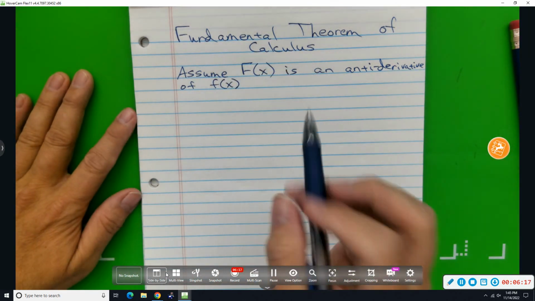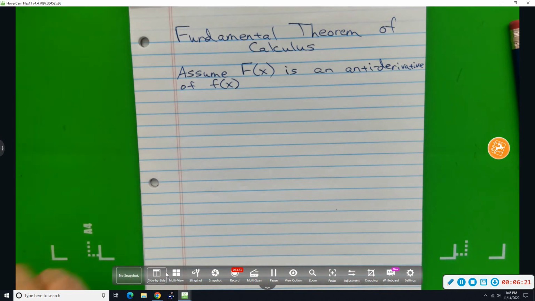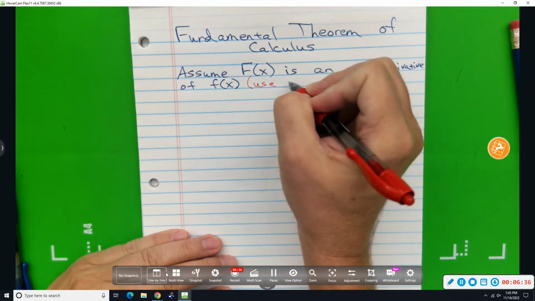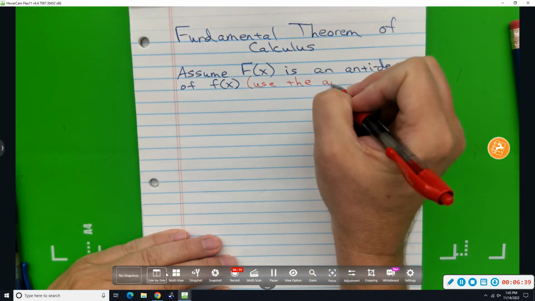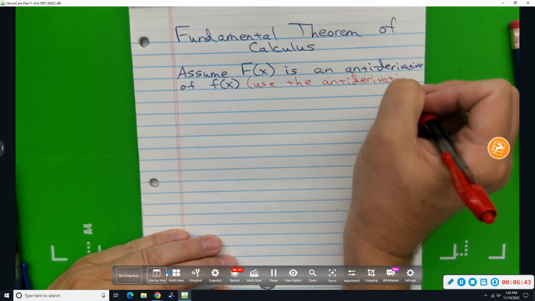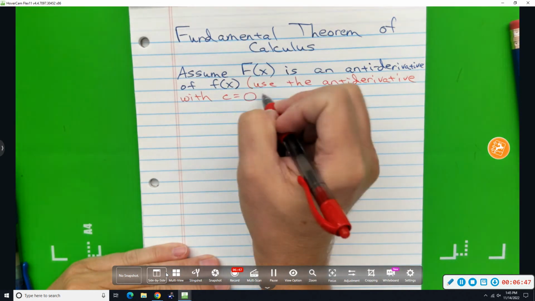I make a note, I said it's an antiderivative. It can be any antiderivative. So I'm going to make a note here. I'm always going to use the antiderivative where that constant is 0, so we don't have to keep adding on that plus c each time. So I'm going to make a note here saying use the antiderivative with the c equal to 0.